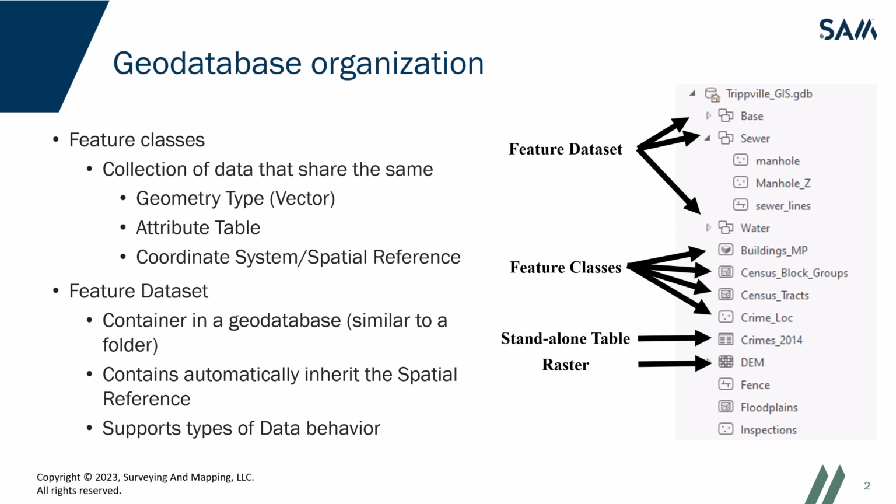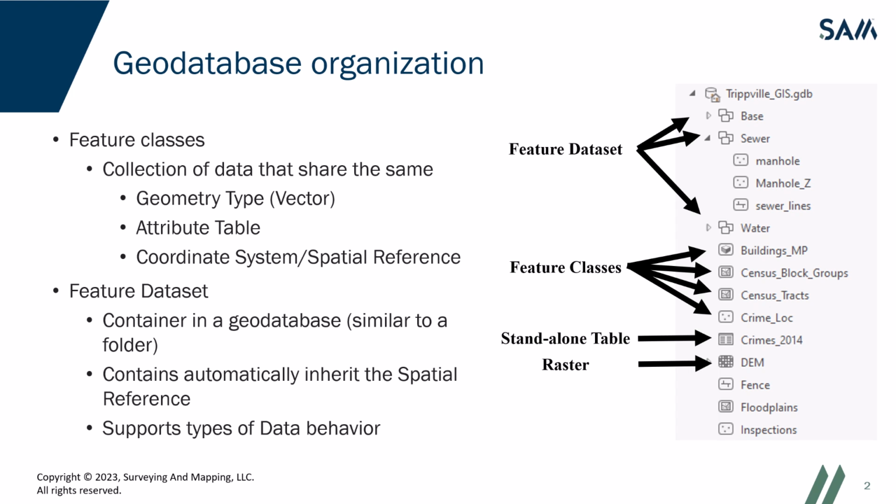Now, what is special about a feature data set, besides the fact that it's an organizational container within your geodatabase, is that every feature class you put inside of a feature data set is automatically going to inherit the spatial reference or coordinate system that is assigned to that feature data set when you create it.